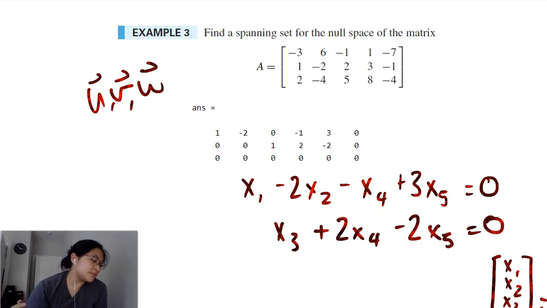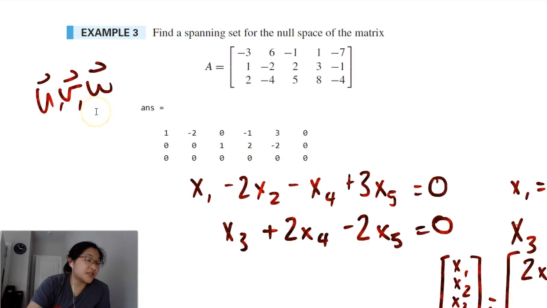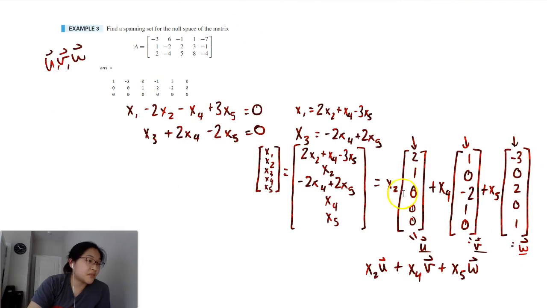Also, our null space of A contains non-zero vectors, and the number of vectors in our spanning set for the null space is equal to the number of free variables we have, because in order to get this spanning set, we had to use our free variables. So those are a couple things to note.